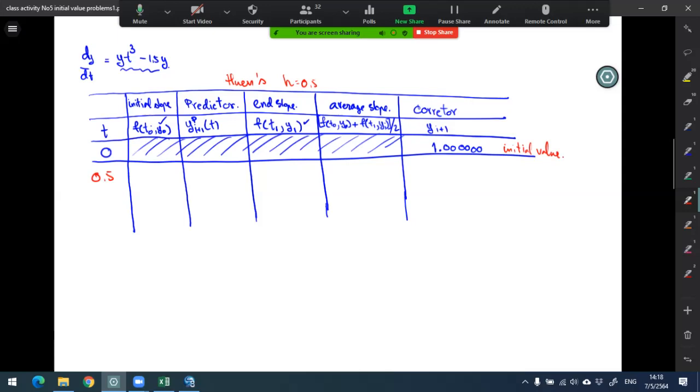After that, we will use Excel to show you how to develop the Excel sheet to calculate this problem by Heun. Okay. So according to this, initial slope is equal to what? Okay, we substitute for initial slope.